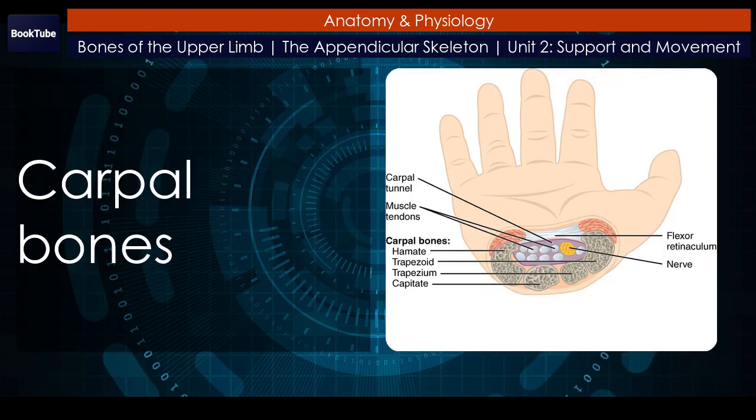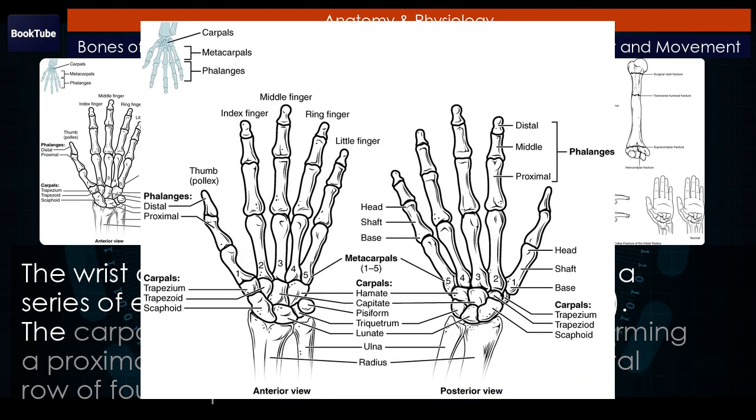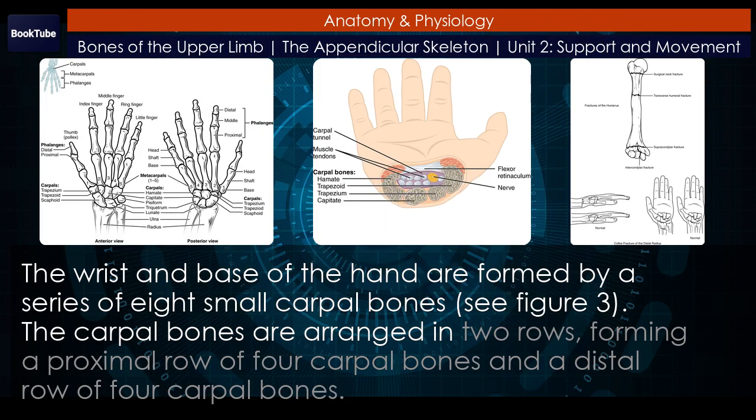Carpal bones. The wrist and base of the hand are formed by a series of 8 small carpal bones. See Figure 3. The carpal bones are arranged in 2 rows, forming a proximal row of 4 carpal bones and a distal row of 4 carpal bones.